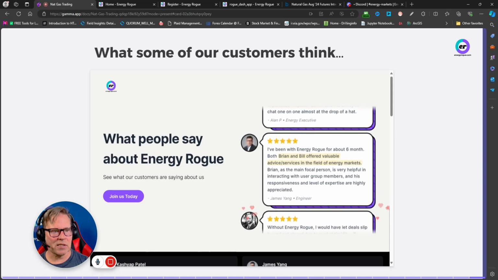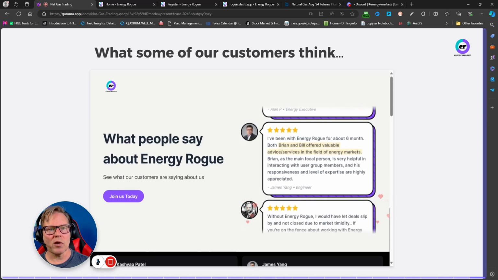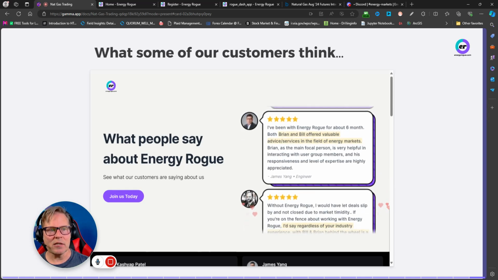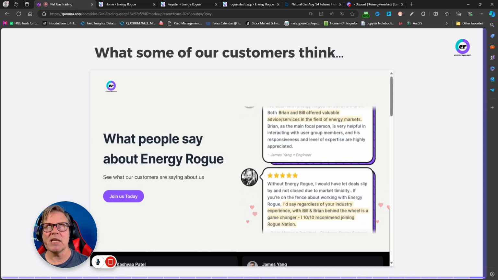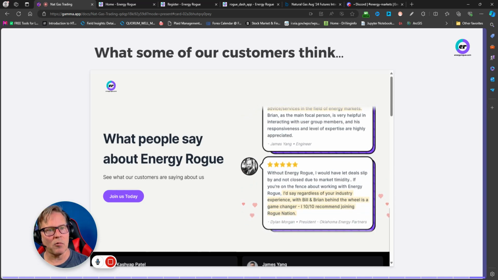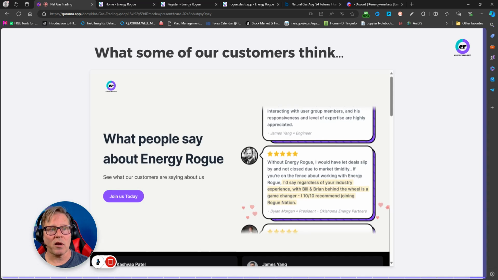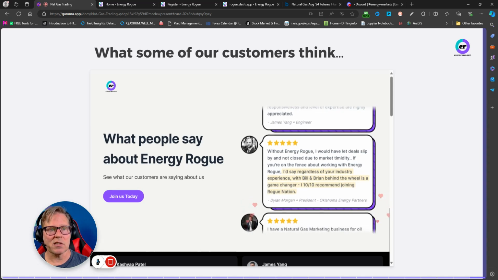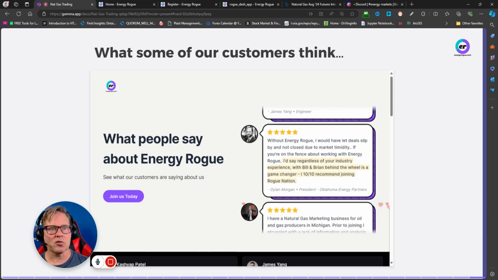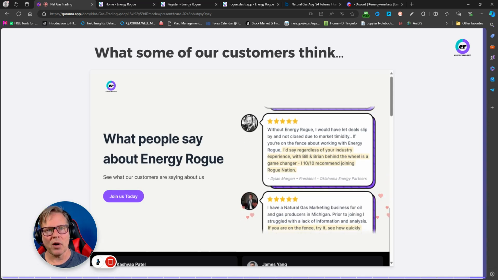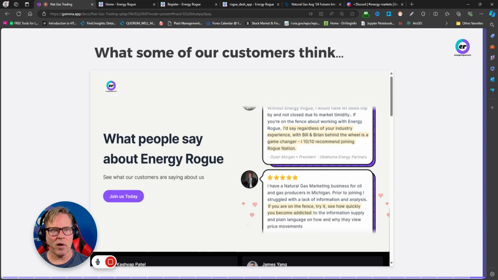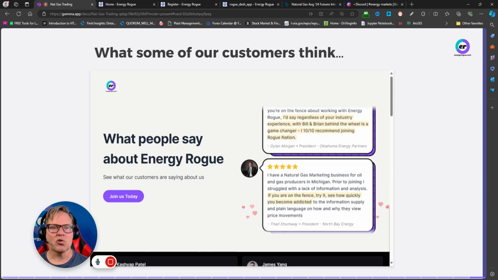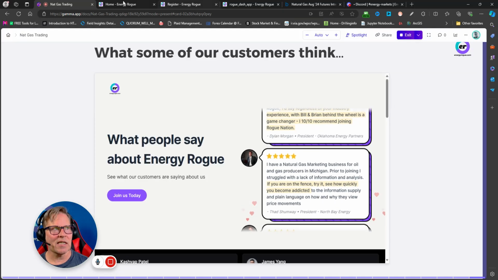Let's see what Dylan says: "Without Energy Rogue, I would have let deals slip by and not close due to market timidity." I don't know how to say that word. "If you're on the fence about working with Energy Rogue, regardless of your industry experience, with Bill and Brian behind the wheel is a game changer. 10 out of 10 recommend. If you're on the fence, try it. See how quickly you become addicted."